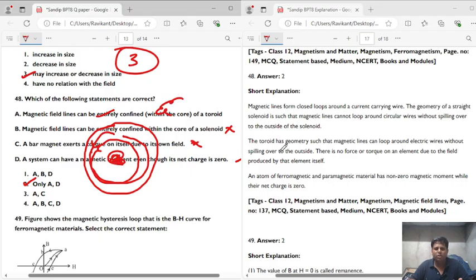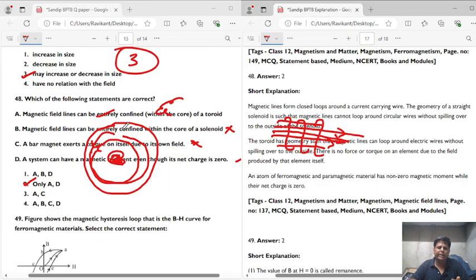But when it comes to a solenoid, suppose this is the solenoid, the magnetic field will be like this. So they are coming outside the core. Suppose the magnetic field is in this direction, it is coming out of the core. But in the case of the toroid, it is not out of the core; it remains inside the core.